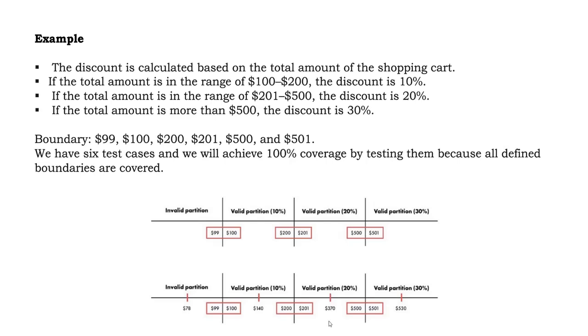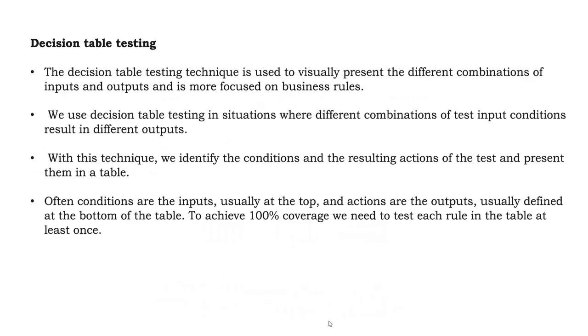Let's talk about another technique of black box testing, which is decision table. The decision table testing technique is used to visually present the different combinations of inputs and outputs and is more focused on business rules. We use decision table testing in situations where different combinations of test input conditions result in different outputs.